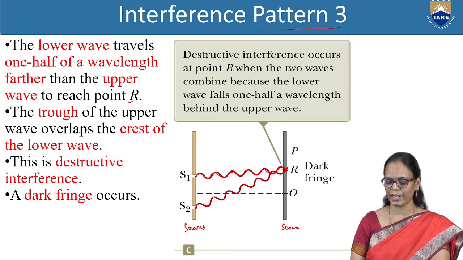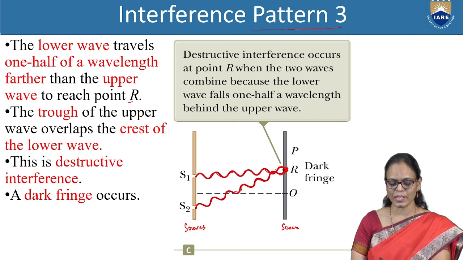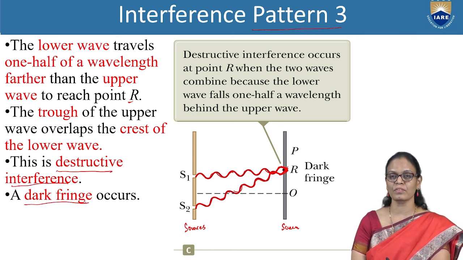Now this is the second wave that is reaching this point R. Now if you see at this point when they arrive, this is the crest of the first wave and this is the trough of the second wave. So the crest falls on the trough, means they are opposite in phase. So what is happening here? There is destructive interference and you get a dark fringe.